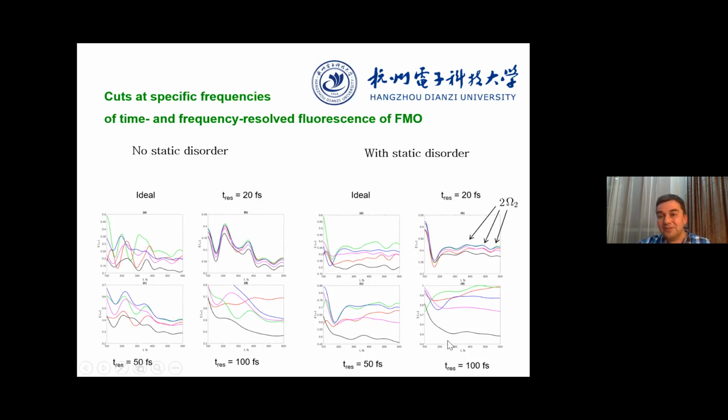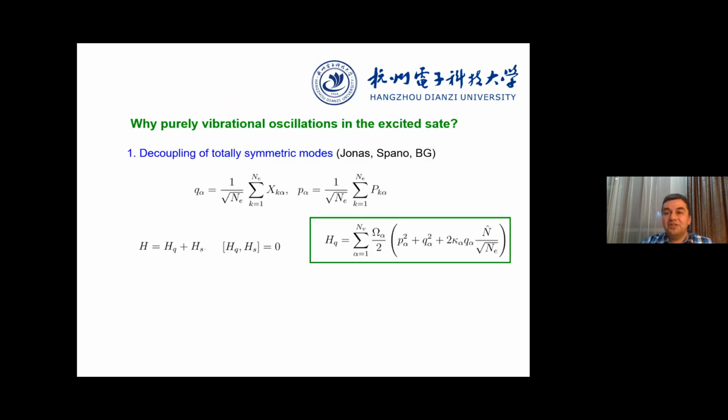But of course, you can see some oscillations which are the result of these true vibrational oscillations and limited time resolution. But now the question is, what is the reason for these vibrational oscillations?